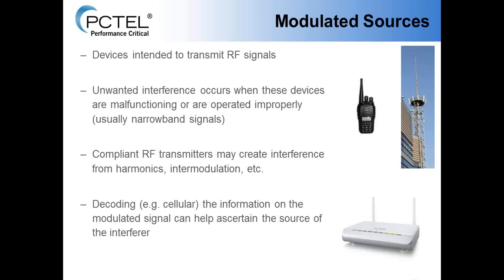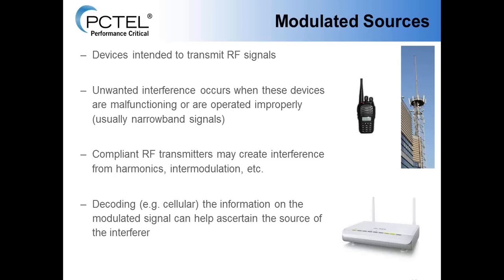So modulated sources are caused by devices that are actually intended to transmit RF signals. In this case, this would be like a walkie-talkie that's pictured here, or it could be a Wi-Fi access point, or some other type of network device that is operating, and it's putting out unwanted interference.